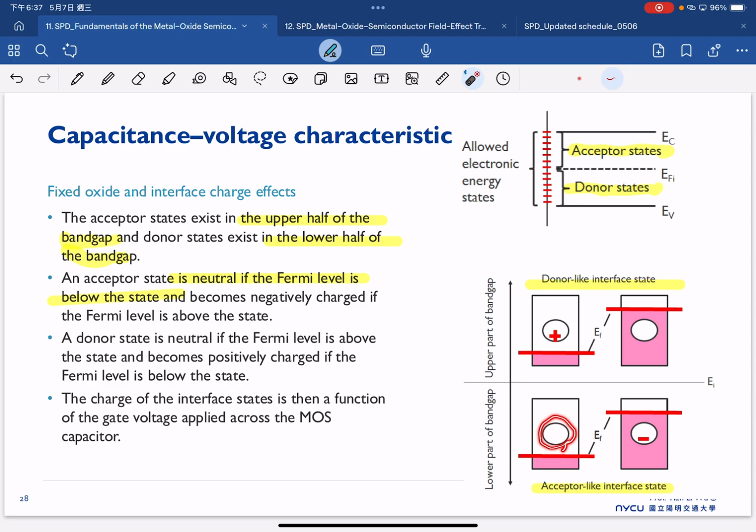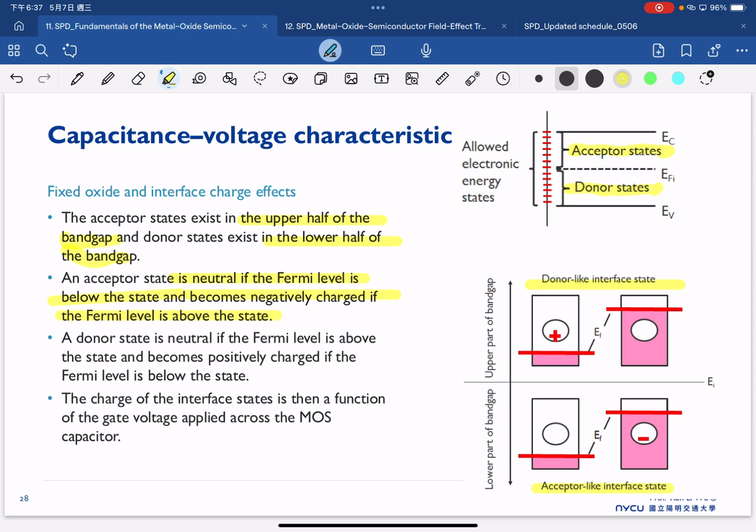If the Fermi level, this is our Fermi level, is below this state, then we can consider it neutral. But if our EF is above the state, it will become negatively charged.